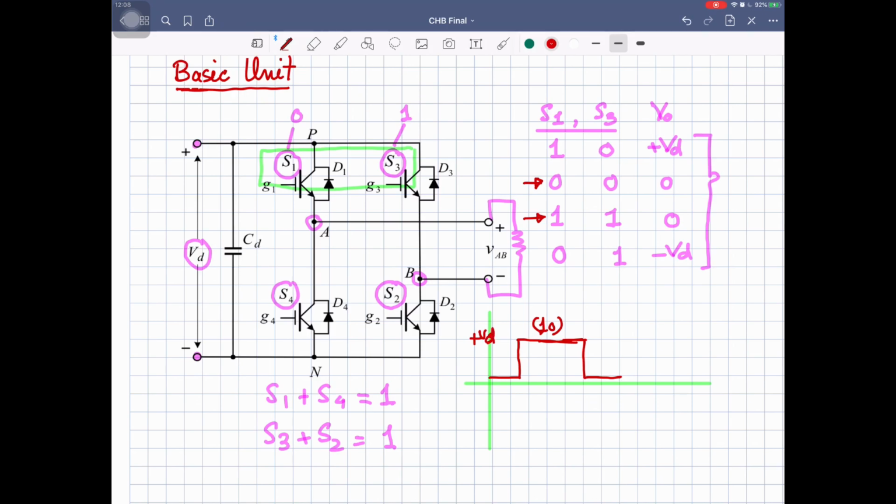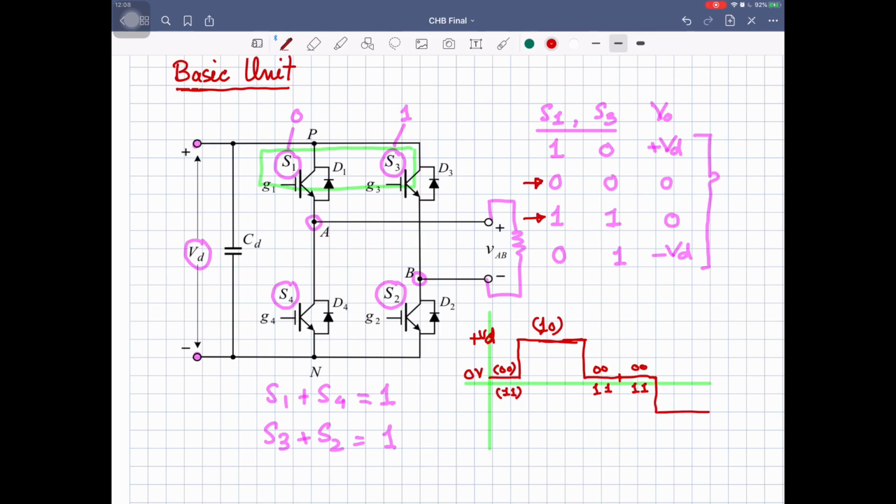For the next level, I will have to use either 0 0 or 1 1, because both of them give me 0 volt. I need 0 volt over here, so I can apply either 0 0 or 1 1. Then again I need 0 volt, so any switching state, 0 0 or 1 1, can be used to get this voltage, because both of them give me 0 volt.